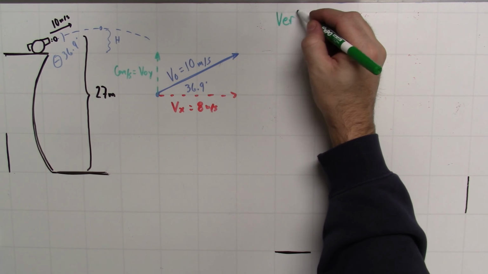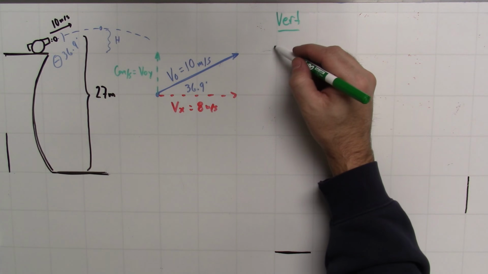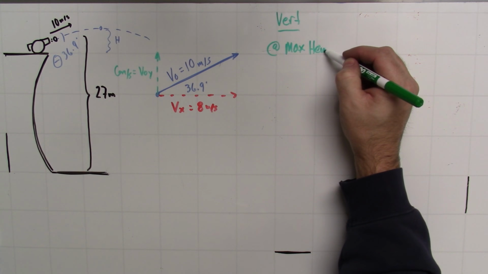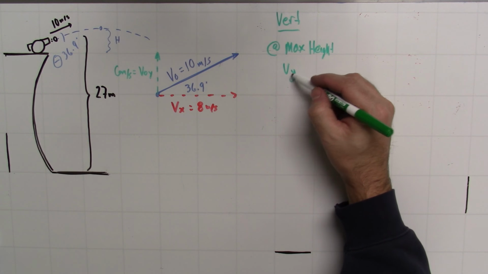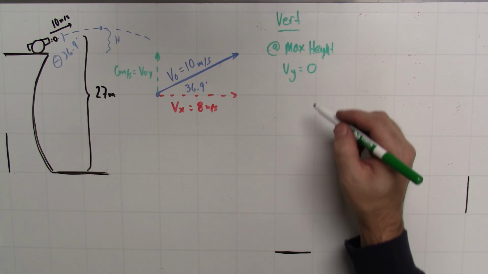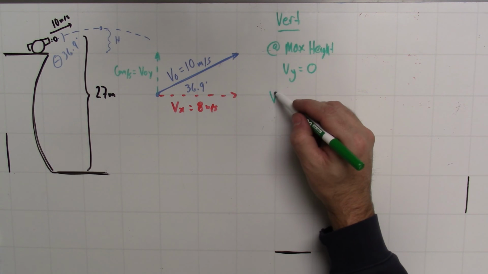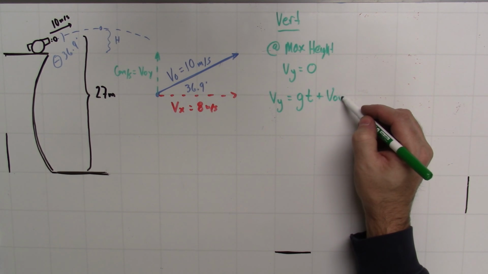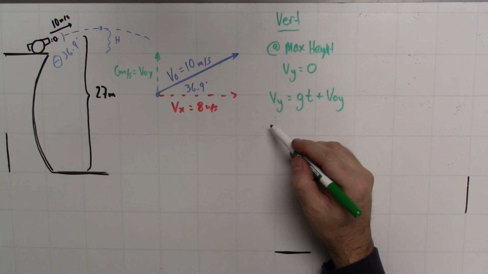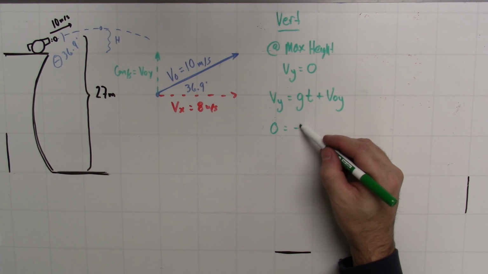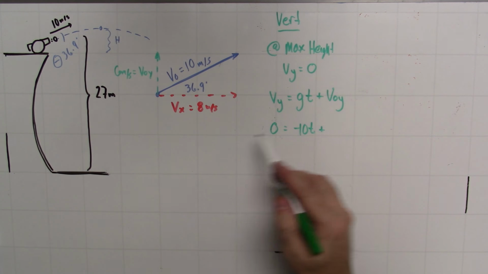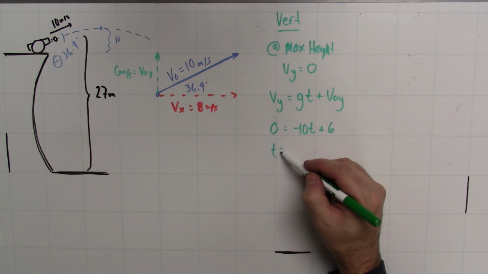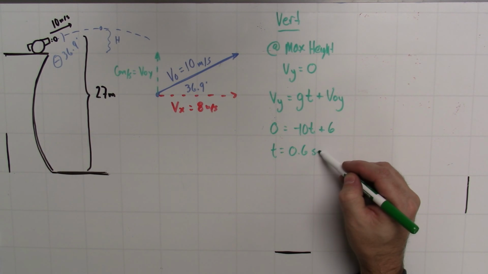At the maximum height, the velocity in the y direction is equal to 0. Velocity in the y direction is equal to gt plus the initial velocity in the y direction. Setting this equal to 0, we get negative 10t plus 6, and I end up with t equal to 0.6 seconds.